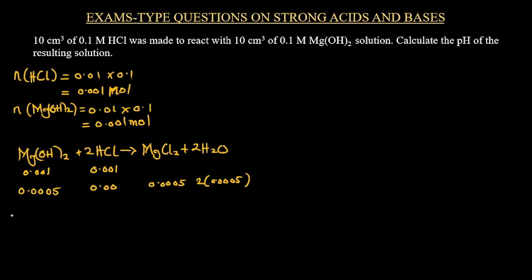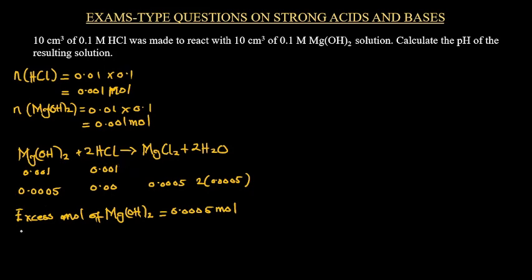So we have excess magnesium hydroxide in the solution. Okay, so the excess mole of magnesium hydroxide is equal to 0.0005 mole, and in this case HCl is our limiting reagent.